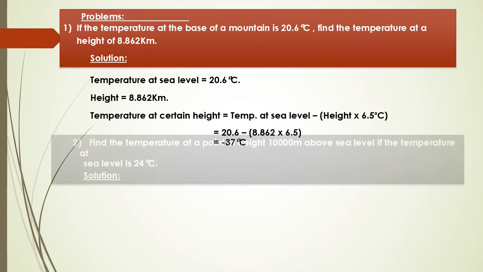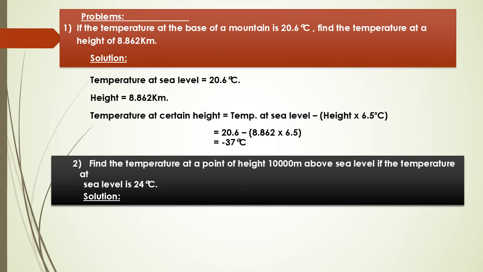Problem number 2: find the temperature at a point of height 10,000 meters above sea level if the temperature at sea level is 24 Celsius. We are asked for the temperature at height, so we use temperature at a certain height equals temperature at sea level minus height times 6.5.